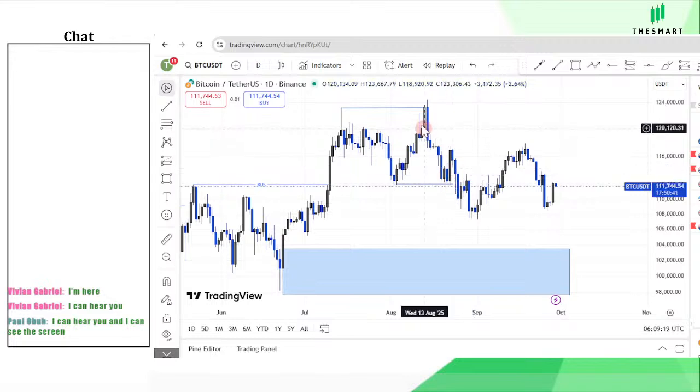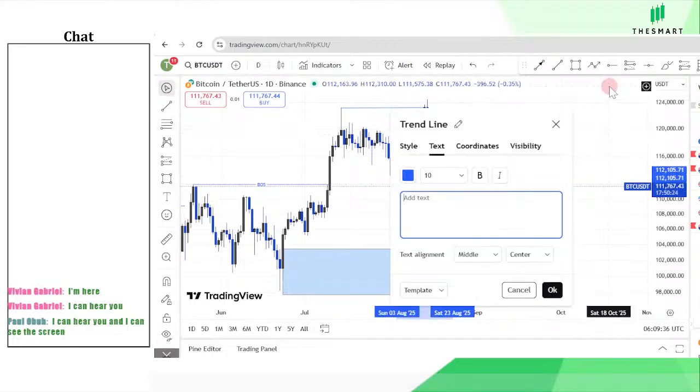This was the last low that took out this high, giving us the last break of structure at this point. Now the market has violated this point, which gives us a change of character at this low. So here we have a change of character.